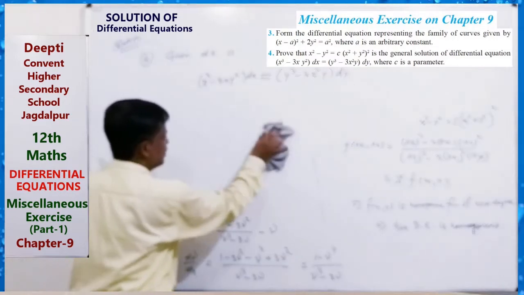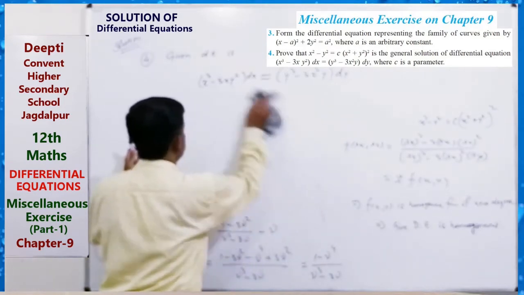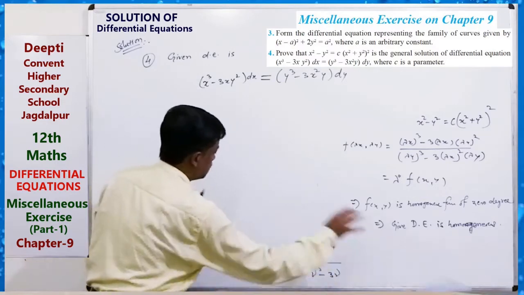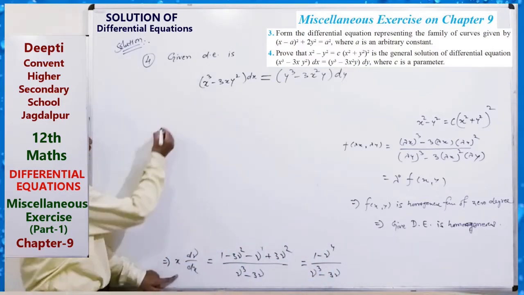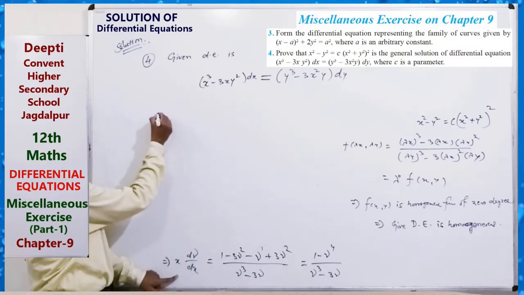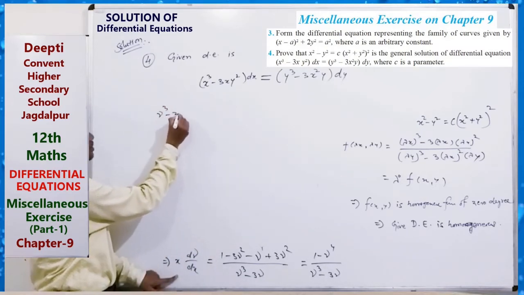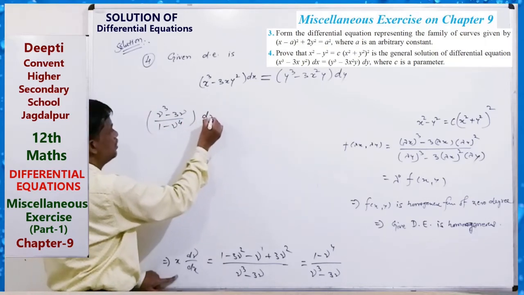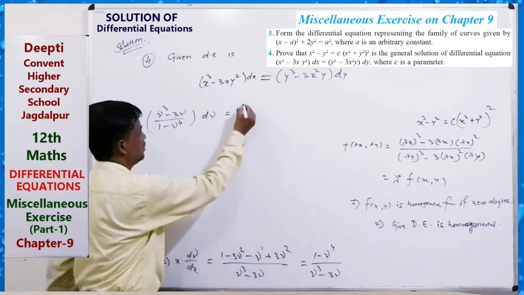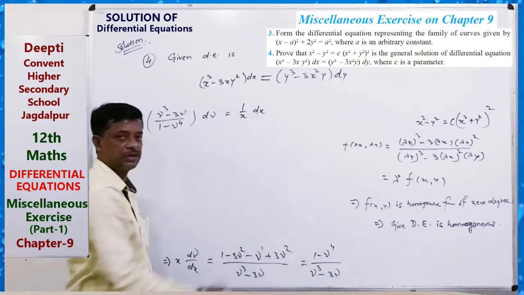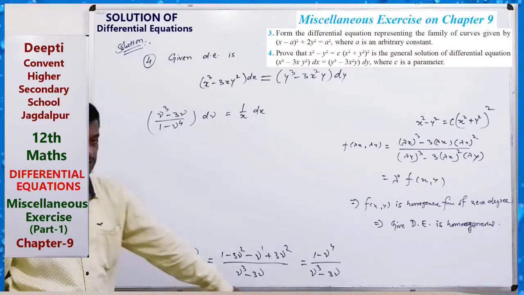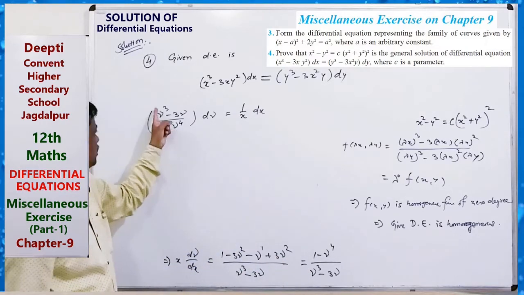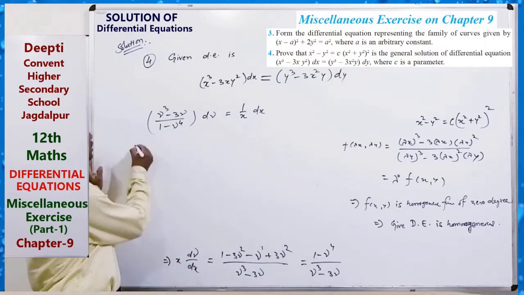After this line we can write just like this: v cube minus 3v upon 1 minus v to the power 4 dv equals to 1 by x dx. Just we can write variable separable form, x goes to the denominator, dx numerator, so dx by x.